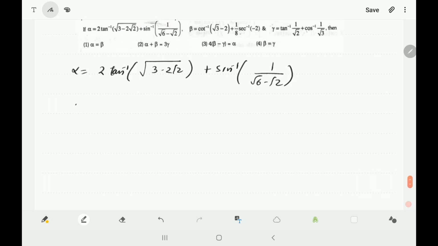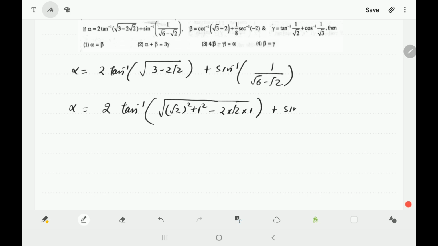Okay, so can I write this term as 2 times tan inverse of, in the under root term, root 2 whole square plus 1 whole square, because root 2 whole square will be 2, and 2 plus 1 will be 3, so 3 can be written as 2 plus 1, minus 2 into root 2 into 1.